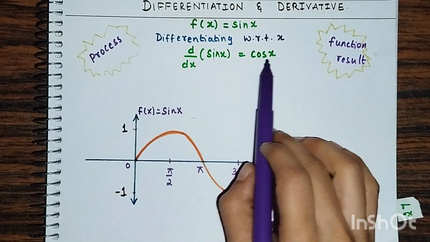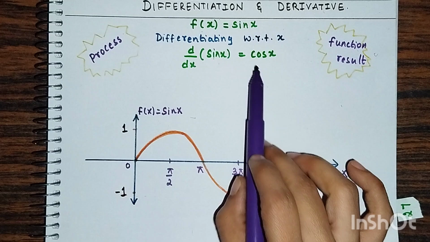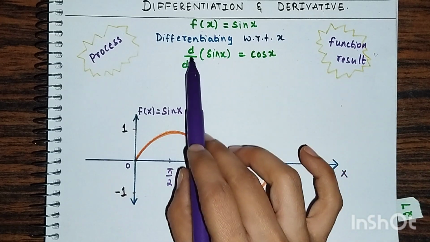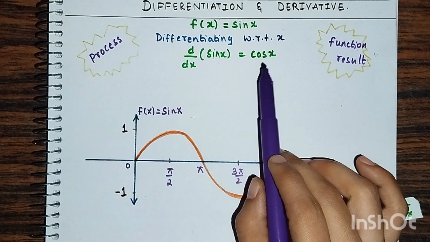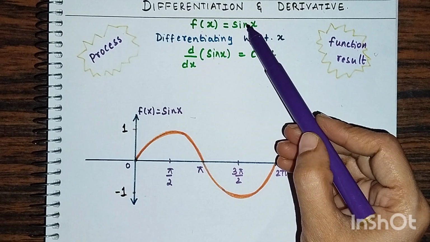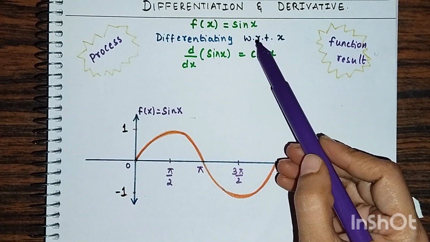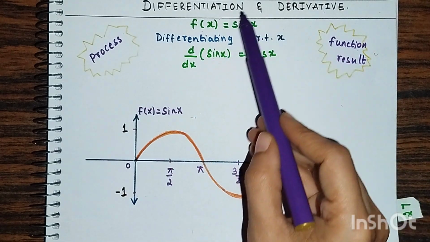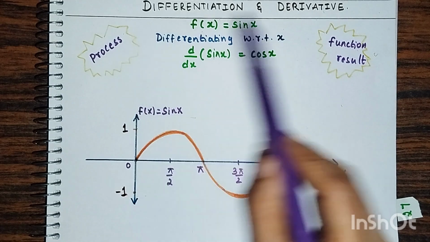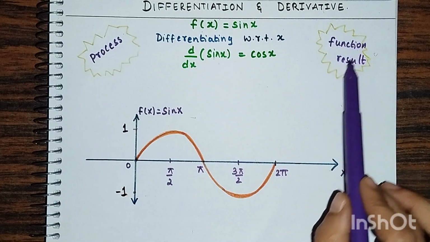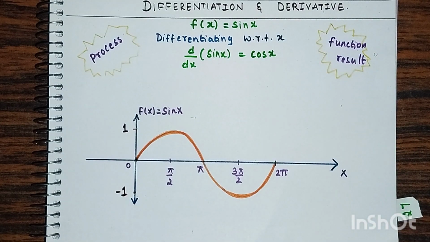So here cos x is also a function. Cos x is the result of the derivative of sin x, right? So here, function, we did the process, we got the result. So differentiation is a process, derivative is a function, it is also the result.